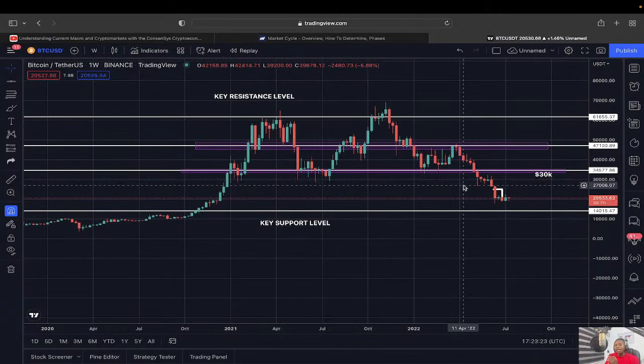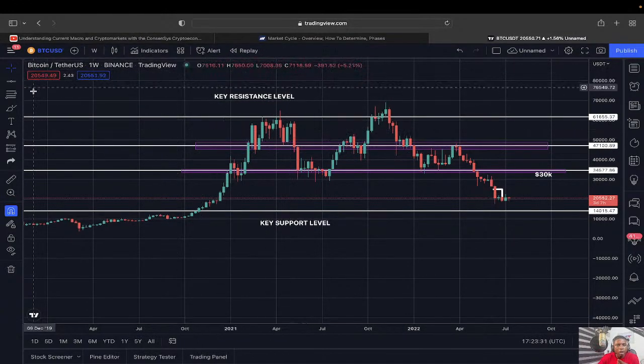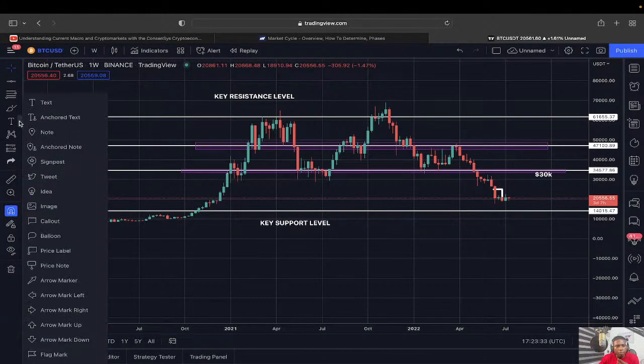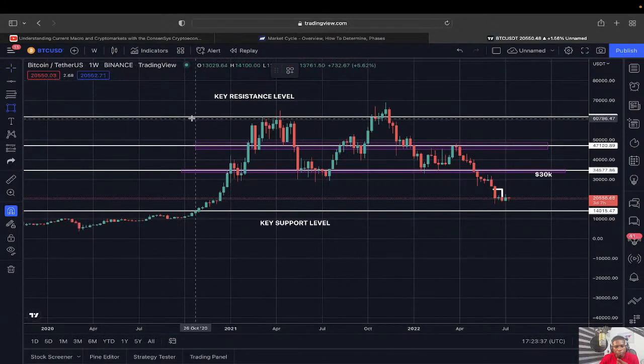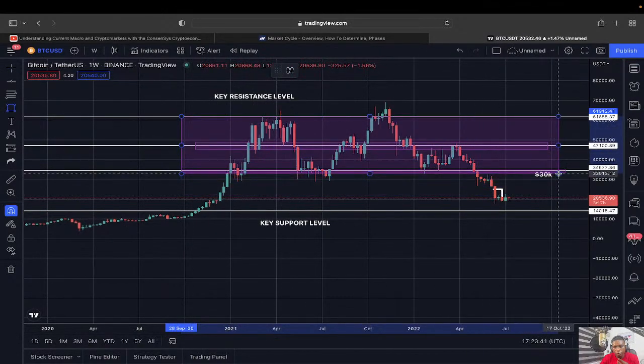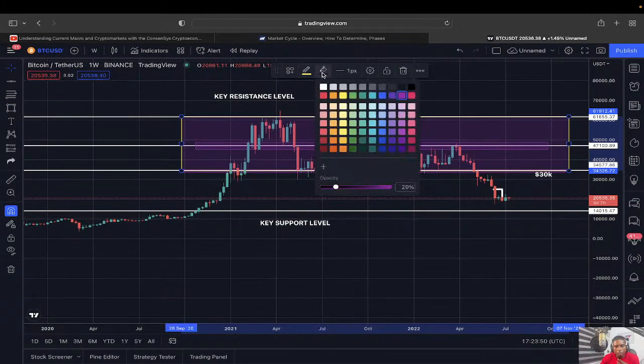Okay, number one, when you look at the chart closely, you will discover that price consolidated in this region. Let me change the color.